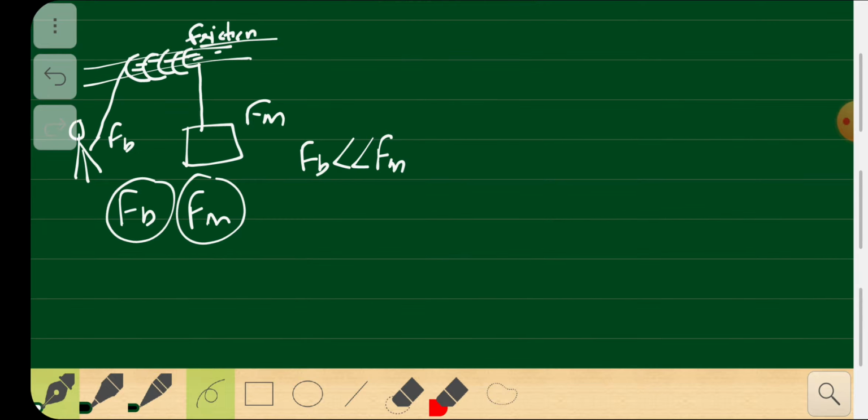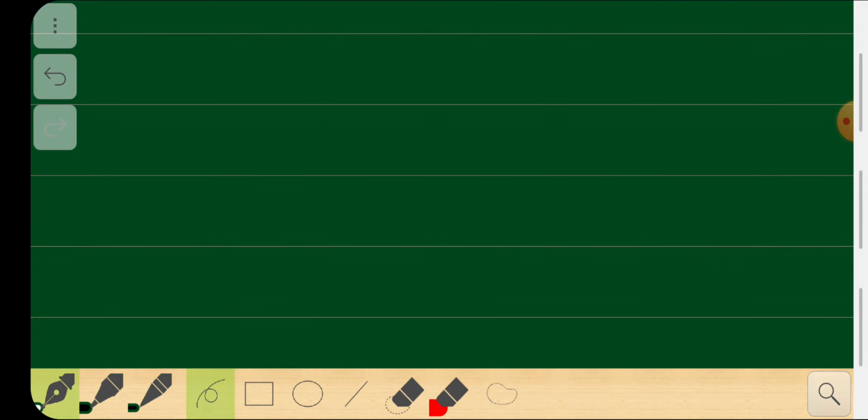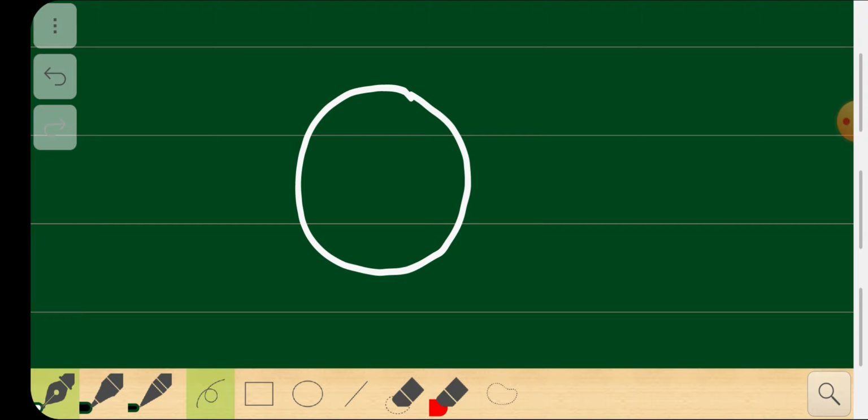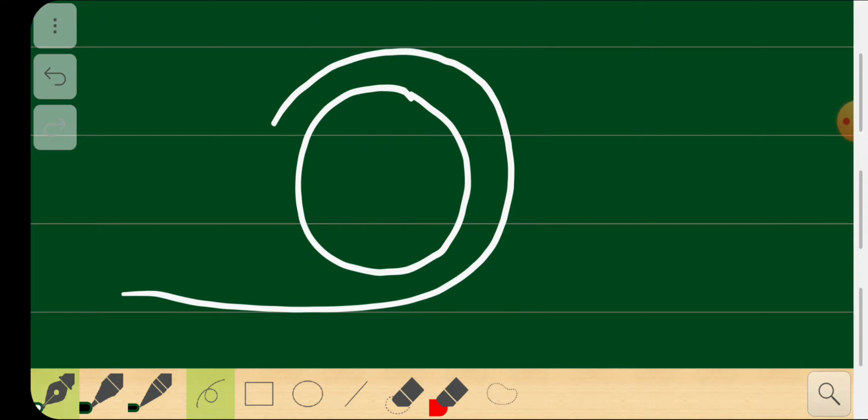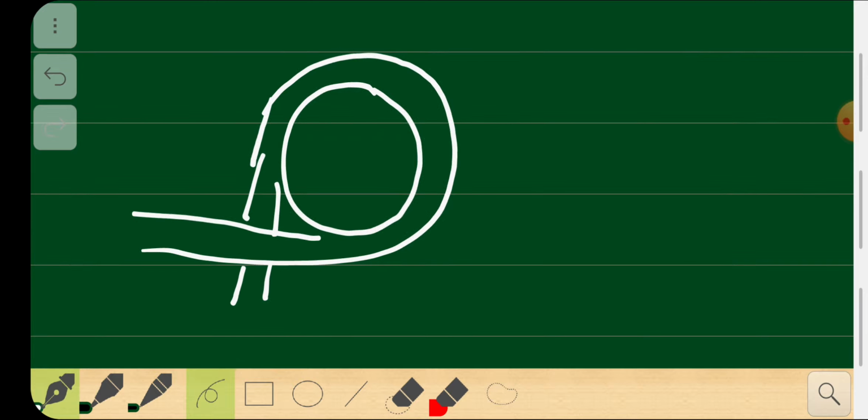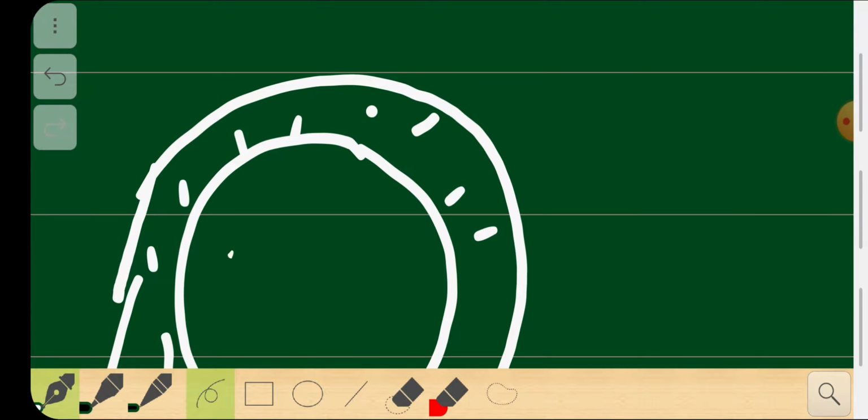To understand that, I have to take a slice of this whole thing. I'm going to take a cross section of this pole and the rope rotating around it. It will look something like this. This is the rope, and the rope is rotating around the pole.